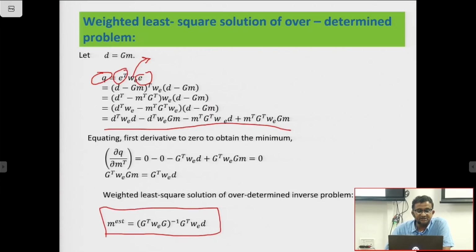There you will see that the estimated model parameters are a combination of that weighted error. This weighted error is incorporated in between G transpose G, and it is also there in the next part. This weighted error gives some smoothness to your estimated model parameters. Smoothness is one way to address the non-uniqueness in your inverse problem.